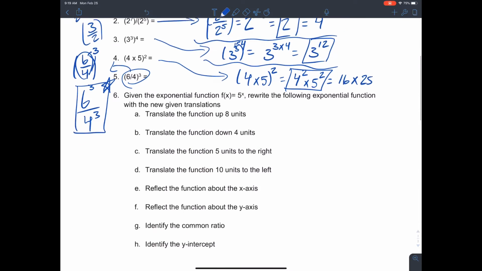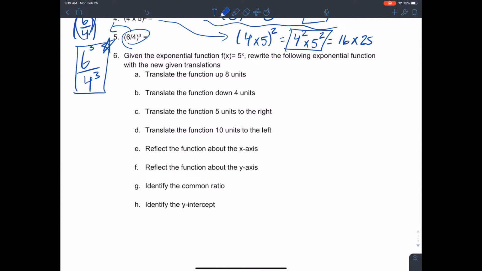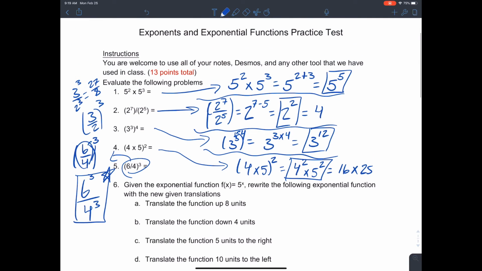So moving on to number 6. Let me recap again, 1 through 5. For problems 1 through 5, you were given a table, and if not, you can Google search a table of properties of exponents. It'll literally break down how to do each and every one of these.